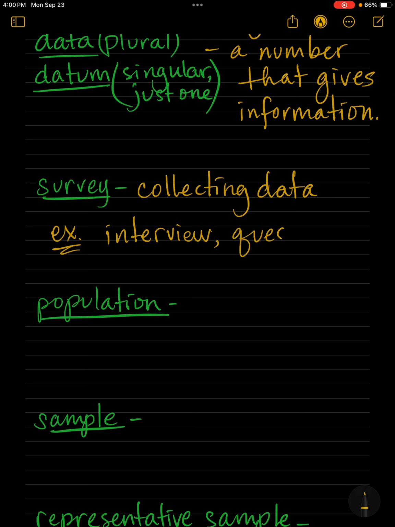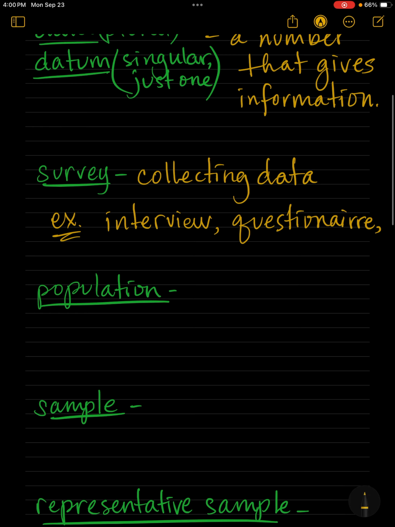A questionnaire might be an example. You might even do a Google form or something like that. There could be lots of ways of collecting data.